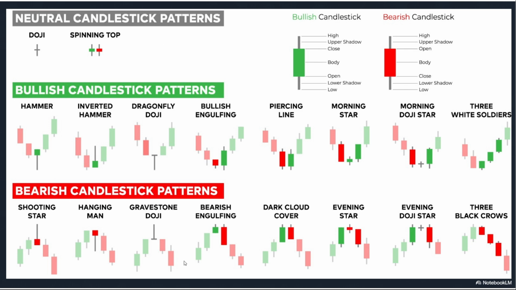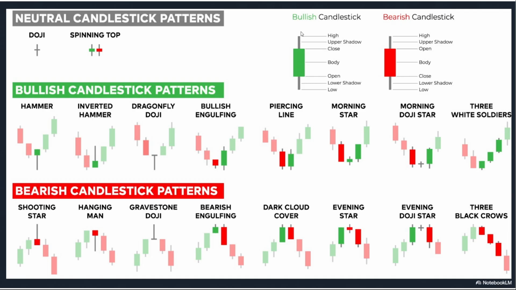Just contact me, and I will set one session only for explaining the meaning of candlestick patterns and how many types of candlestick patterns we have. I will explain all in detail. For now, I want you to understand the elements of the candle, of the bullish candle and bearish candle.